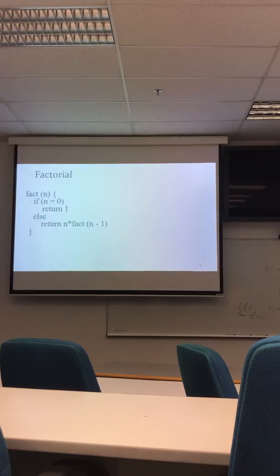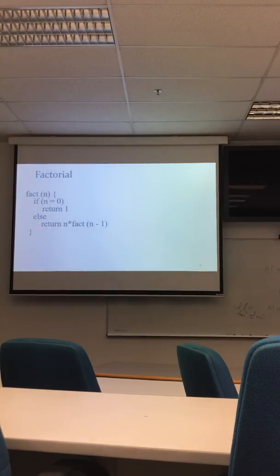Okay? So likewise, since it takes 5 times factorial 4, for factorial 4 we have to execute this algorithm again. Factorial 4 is not 0, so this part won't be executed. It will execute this part: return 4 times factorial 4 minus 1, right? So when you execute this algorithm for factorial 4, n is substituted with 4.